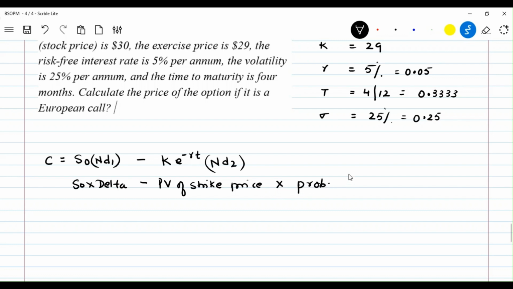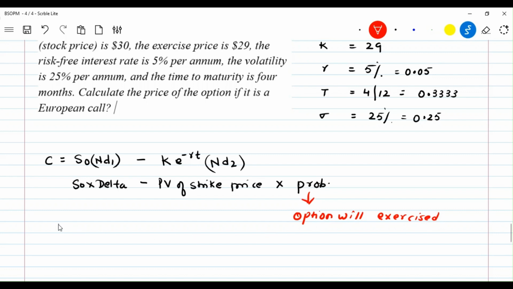Now, the question is, probability of what? Probability that the option will be exercised. So ND2 basically calculates the probability that the option will be exercised.